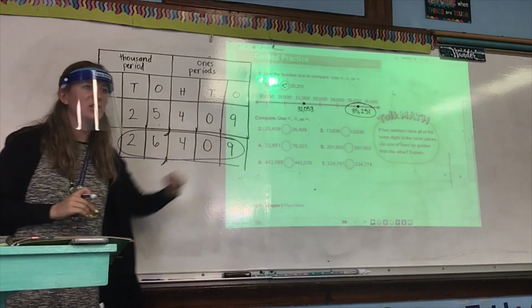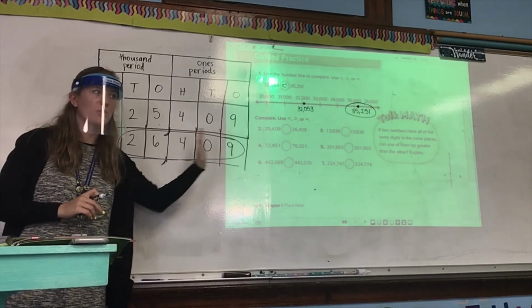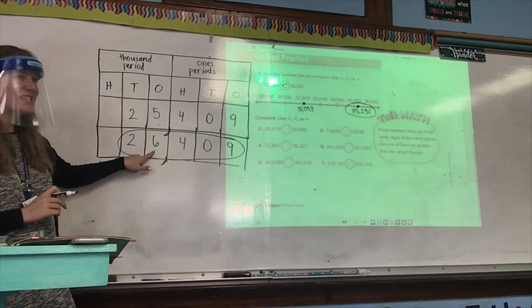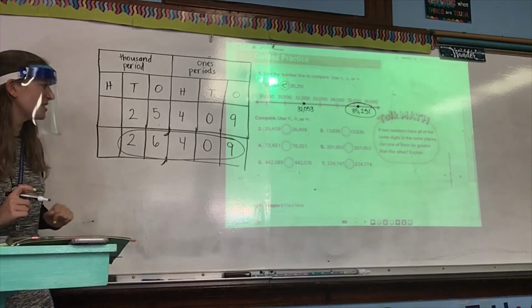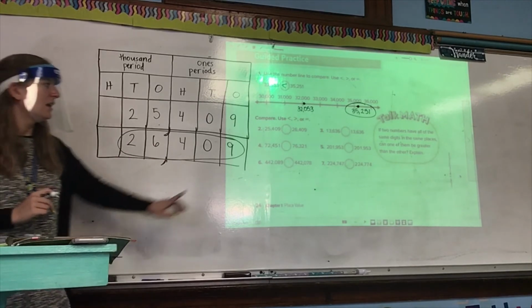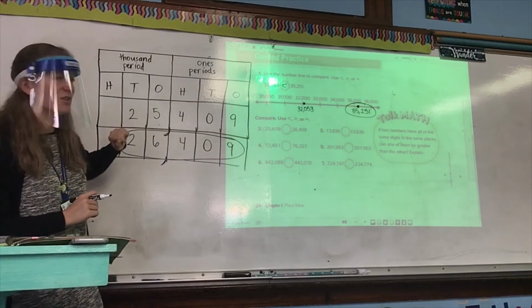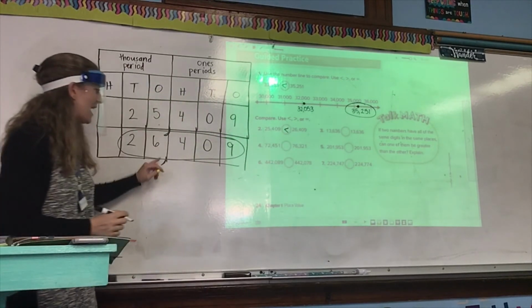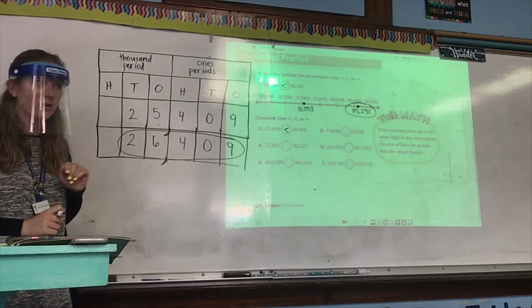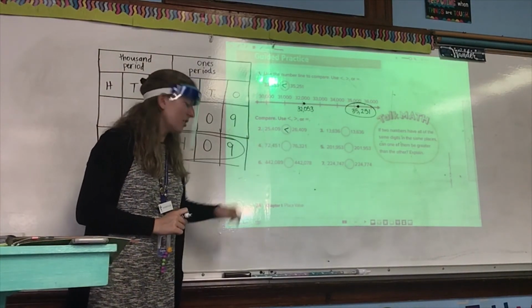I don't even have to look at the rest of them because I know no matter what these digits are to the right, 6,000s is greater than 5,000s, so 26,409 is greater. Now when I come over here, I have 25,409. I don't have it circled, so that means 25,409 is less than 26,409. Pay attention to the order that these are in.